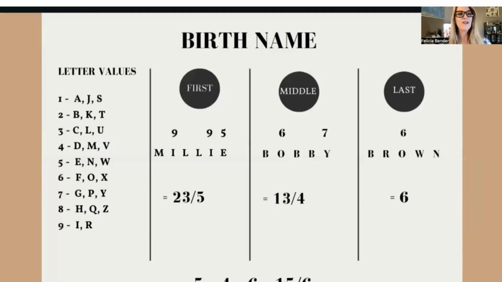And here again, I'm reminding you of these letter values over here. I'm doing a little squiggle with the bouncing blue ball there. And so what we do here is we take the first name, the middle name, and the last name. That's how we're going to divide it up.